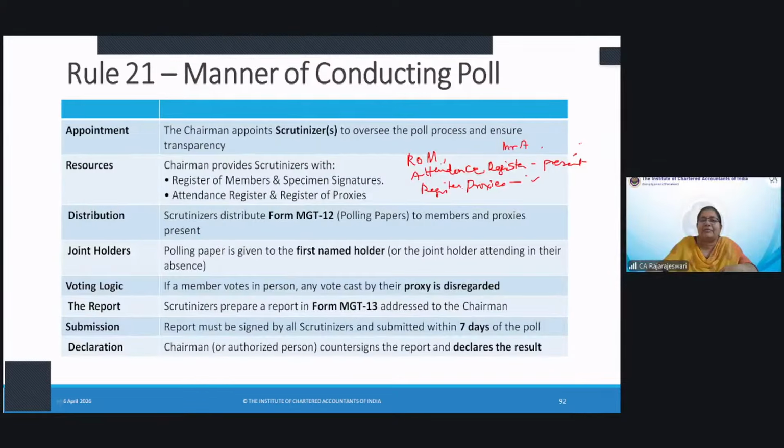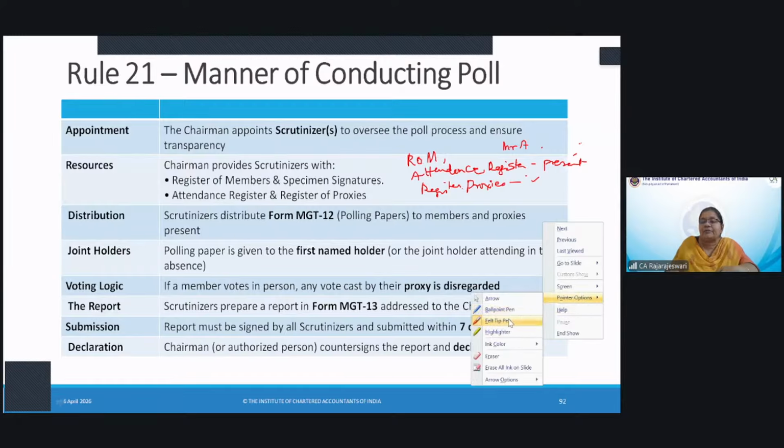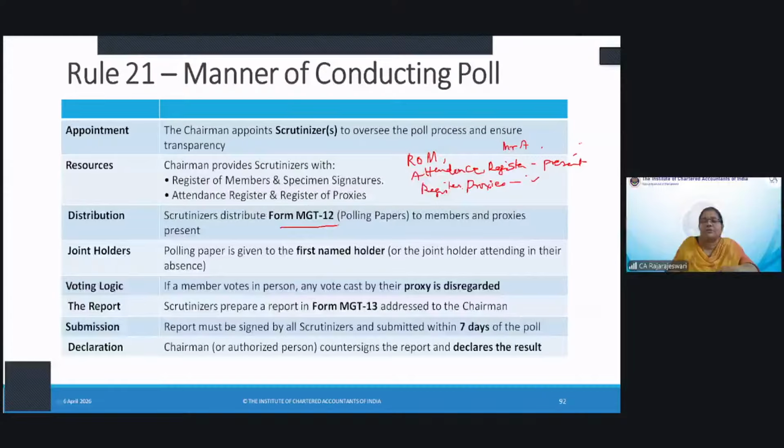For that, the chairman should give the registers to the scrutinizer to verify. And he distributes the polling papers to members and proxies present. He distributes it in the MGT 12. That is the polling paper.